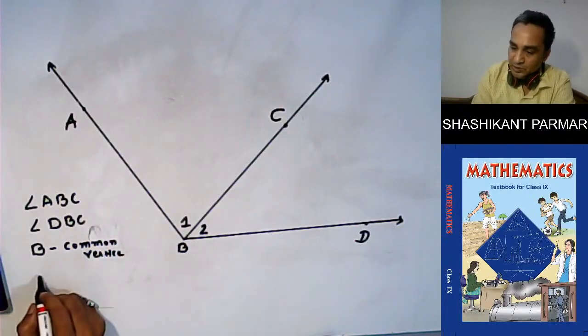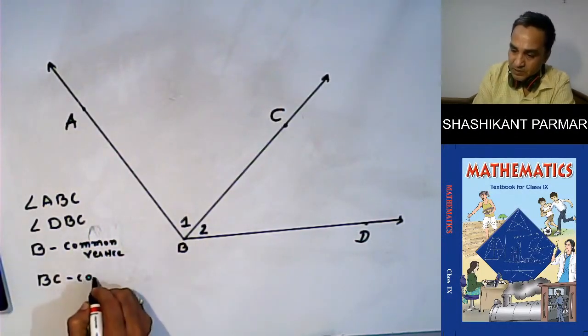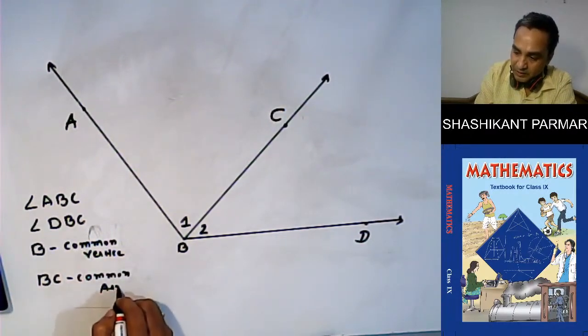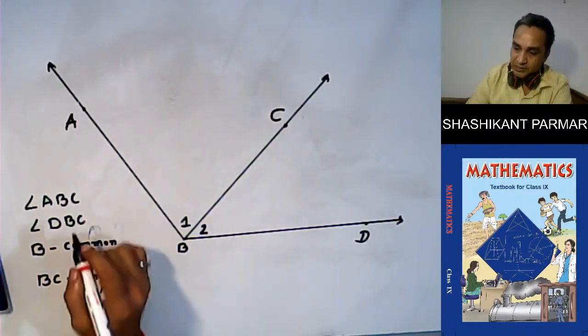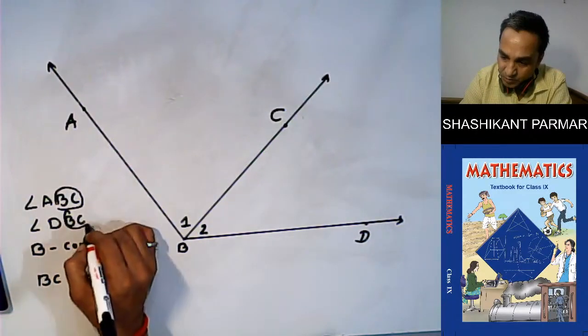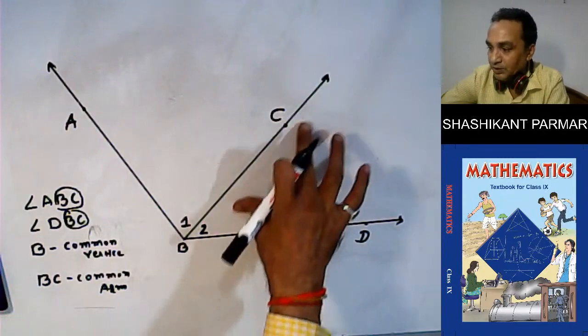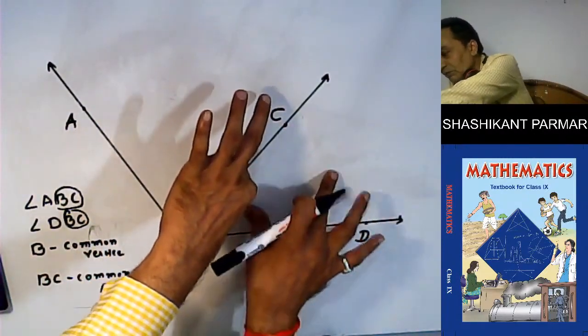BC is the common arm for both angles. See here, here is BC, here is also BC. BC is common for this angle and for DBC also.